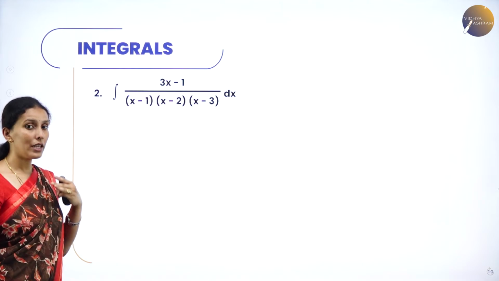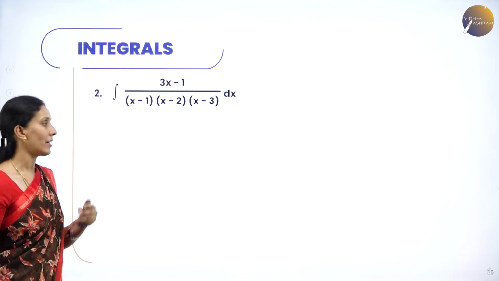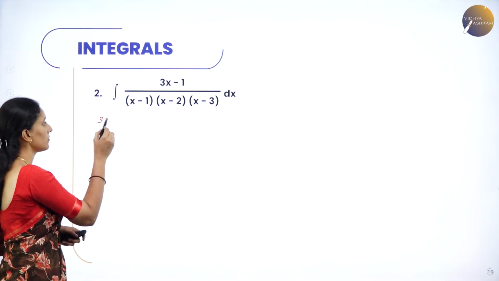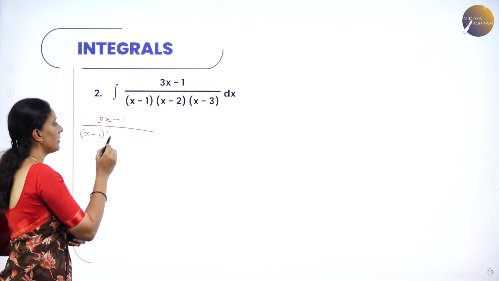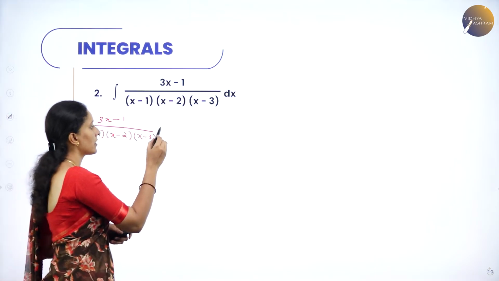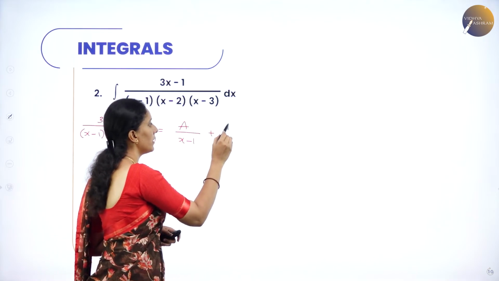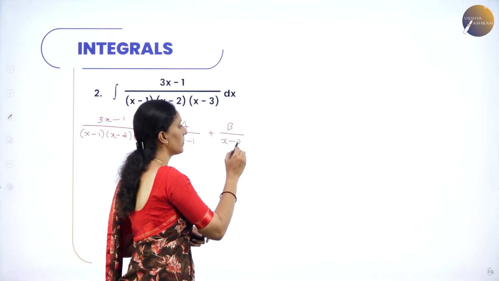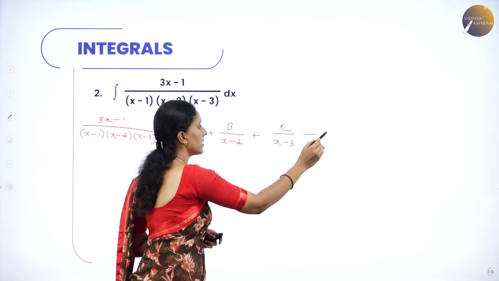So when you have 3 separate factors, you have to write 3 simple fractions. So first let us write 3x minus 1 over x minus 1, x minus 2, x minus 3. This can be written as a divided by x minus 1, plus b divided by x minus 2, plus c divided by x minus 3. Let me take this as equation 1.